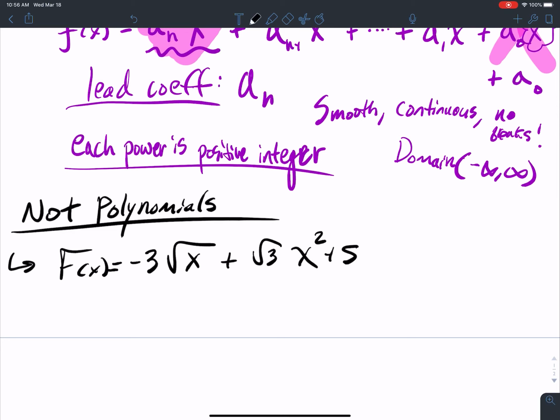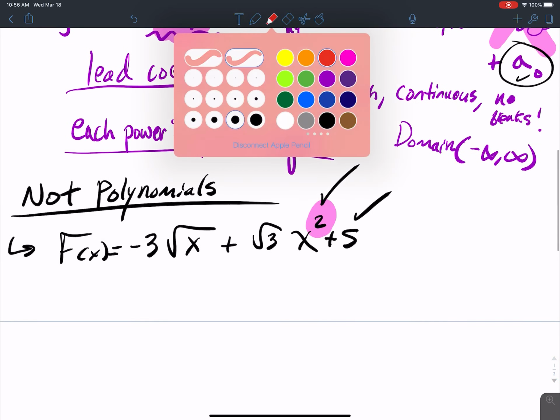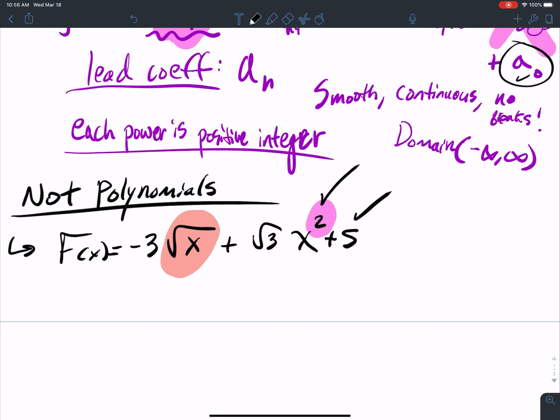Why is this a non-polynomial? Well, this exponent here, that's good. Okay, no big deal there. It's just fine to have 5 as a constant. No big deal. That's your a0 there. That's good. The issue is this bad boy right here, x to the 1/2.